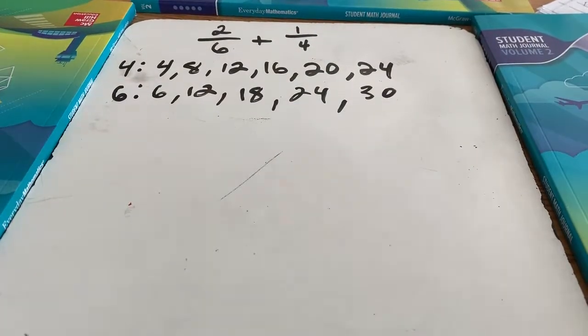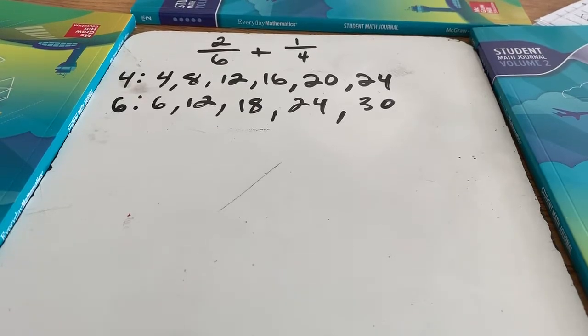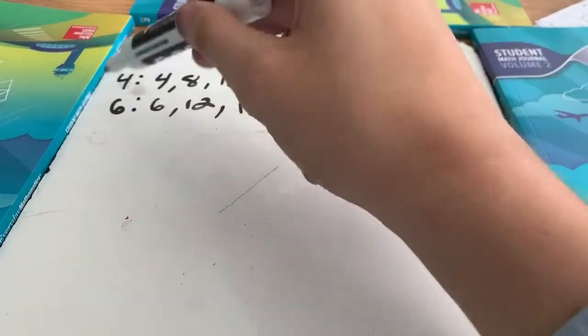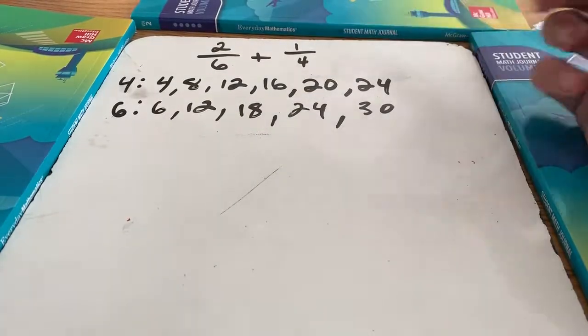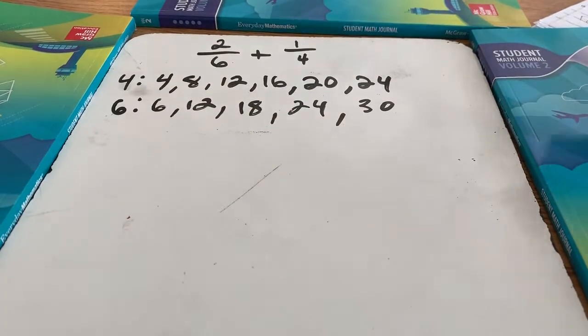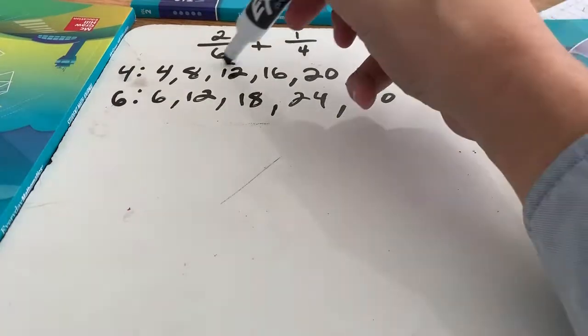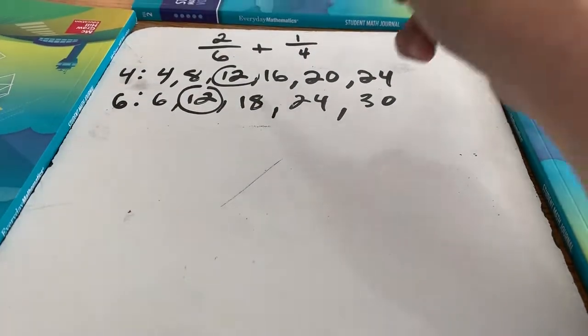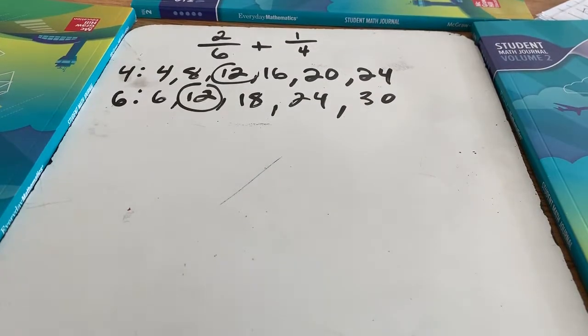Now what I'm looking for is called the lowest common multiple. If you look at these two sets, they have some similarities. Both of these have a multiple of 24, but it's not the lowest. If we want to pick the lowest common multiple, that answer would be 12. So our goal now is to change both of these fractions into 12ths.